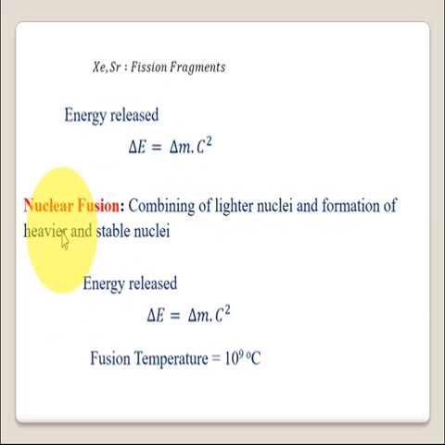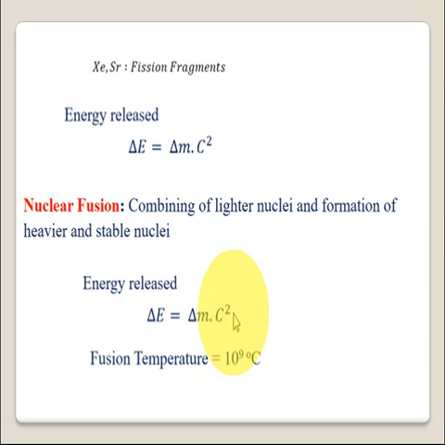Another nuclear reaction is nuclear fusion, in which lighter nuclei combine and form a heavier and stable nucleus, and the energy released is given by delta m into c square.